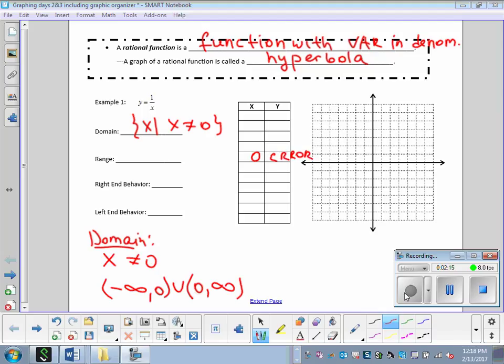Let's see what happens if I choose values on both sides of 0, getting very close to 0 but not quite reaching it. So I will look at the values negative 1 over 4, negative 1 over 2, negative 1 and negative 2, and then the same on the other side: positive 1 over 4, positive 1 over 2, 1, 2, I could do 4.